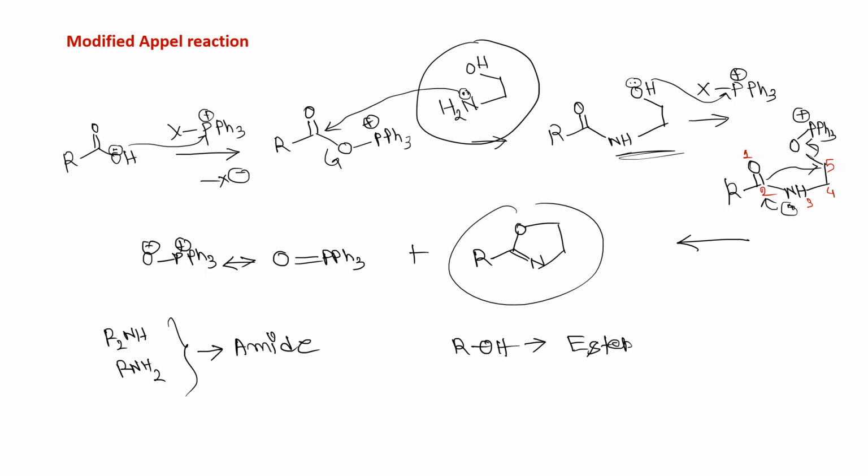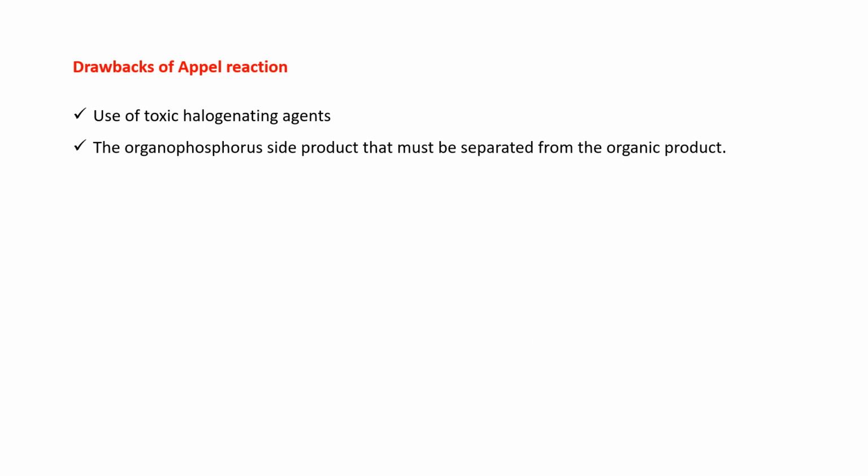Now finally, the drawbacks of this reaction: use of toxic halogenating agents, that is obviously a drawback, because that is not very benign, and organophosphorus side product. Now the generation of Ph3P=O, though that is helping us as a driving force, because this P=O bond is very strong, still it is difficult to separate this compound from the organic product.